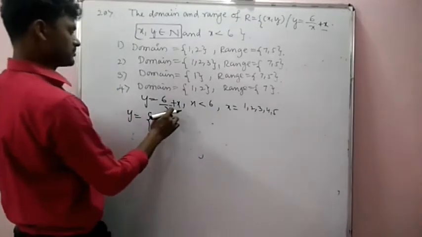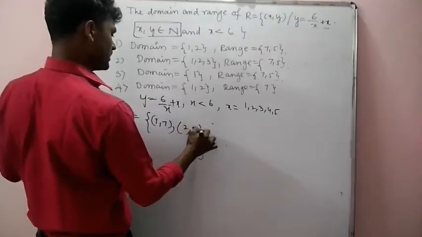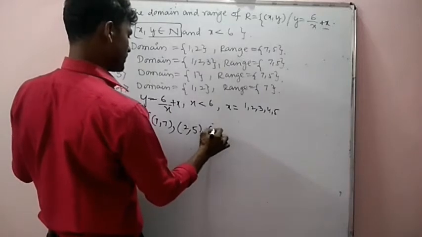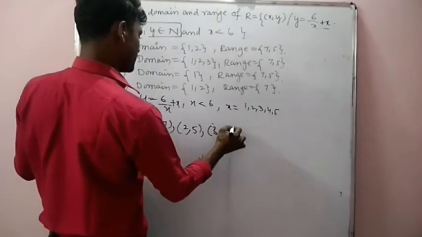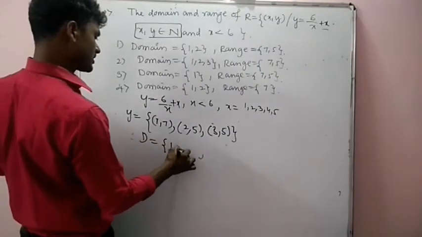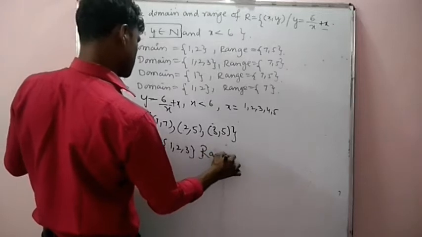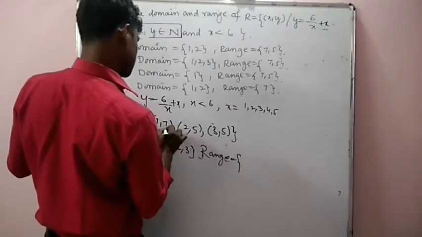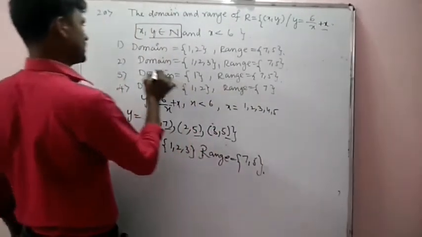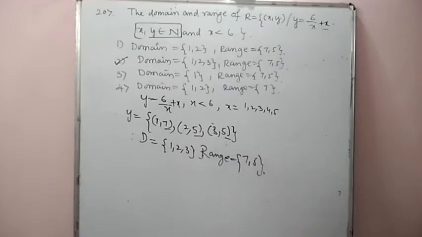Next, 2: 2 threes are 6, so 3 plus 2 is 5, pair (2, 5). Next, 3: 3 twos are 6, again 5, pair (3, 5). Then 4 and 5 are also not possible here. The domain is {1, 2, 3}, but the range is {7, 5}. This is the answer.